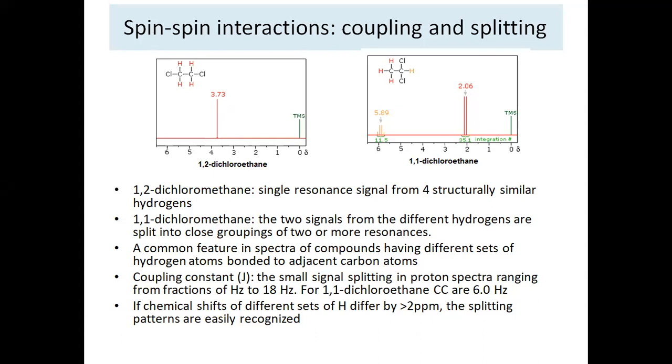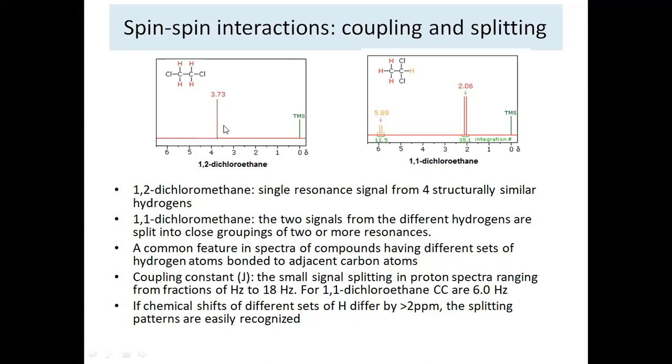Now this chemical shift is computed from the peak for TMS, the standard compound. The green line here indicates the peak for TMS. TMS also shows a single sharp peak because all the protons present in TMS are of a similar kind. Is that clear? And in the case of 1,2-dichloroethane also, we get a single peak.